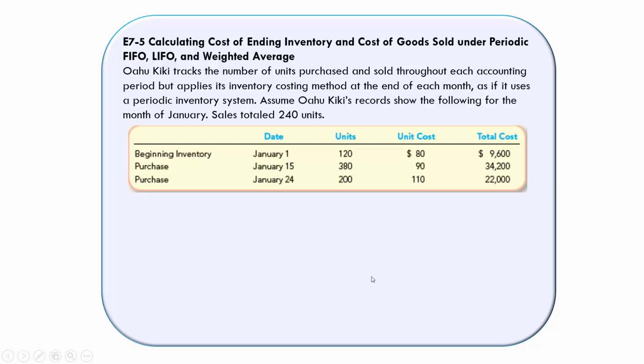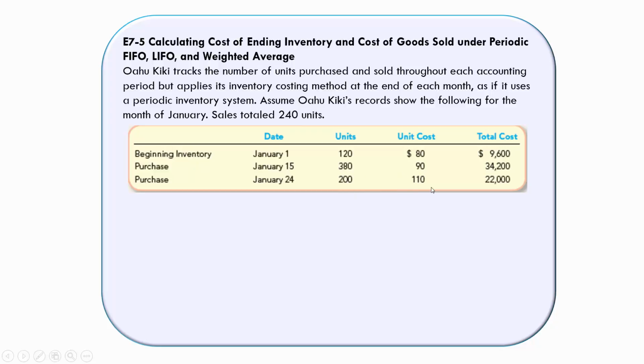Here is another problem, and they say sales total 240 units. Now, you can just look at this and you should be beginning to pick up what we're doing here. So goods available is going to be the sum of this in terms of units, the sum of this in terms of cost. When we say last in, first out, that means the 240 units that we are selling, 200 are going to be from this batch, and 40 are going to be valued at 90.